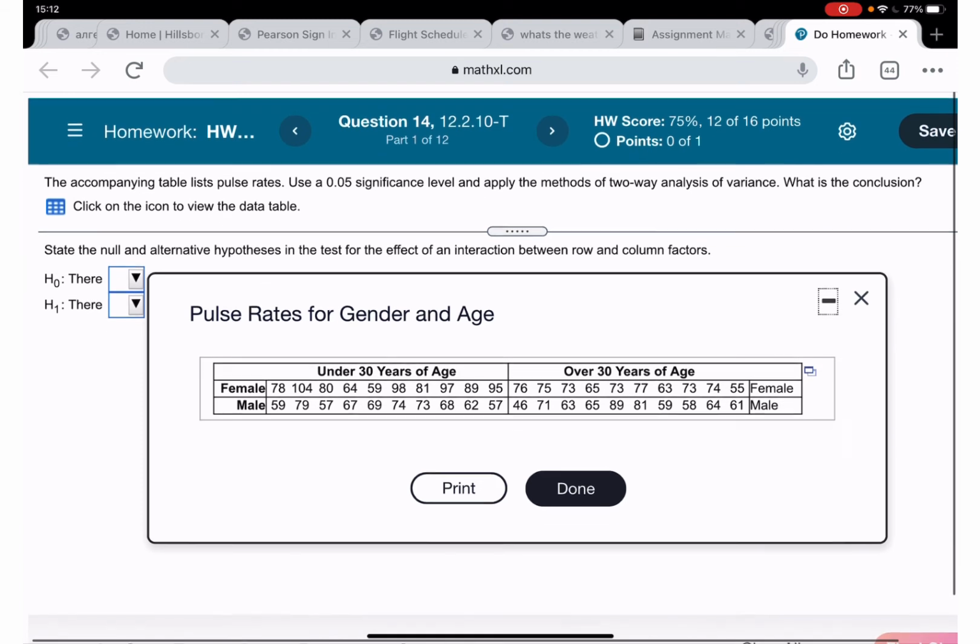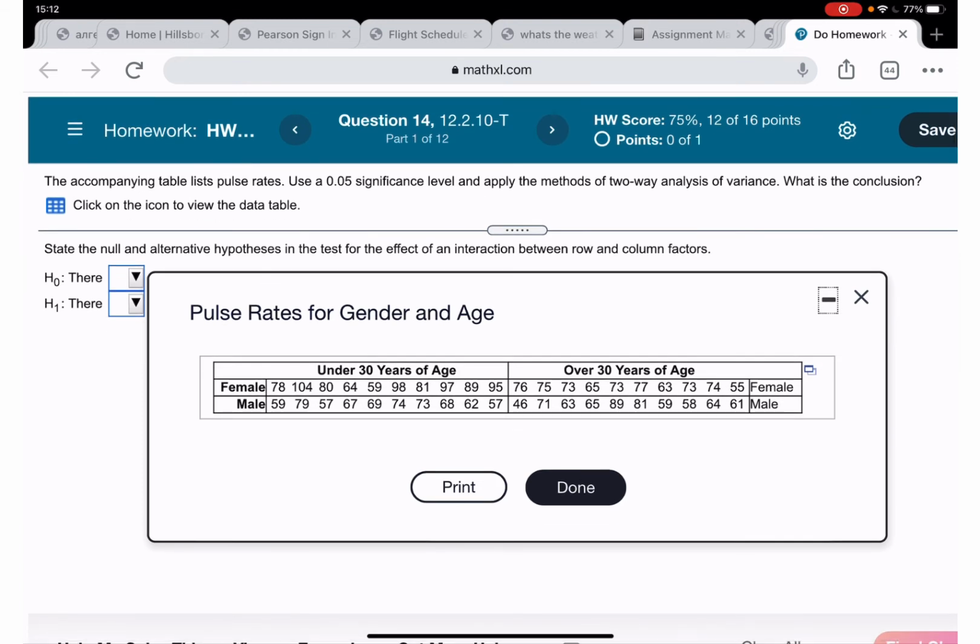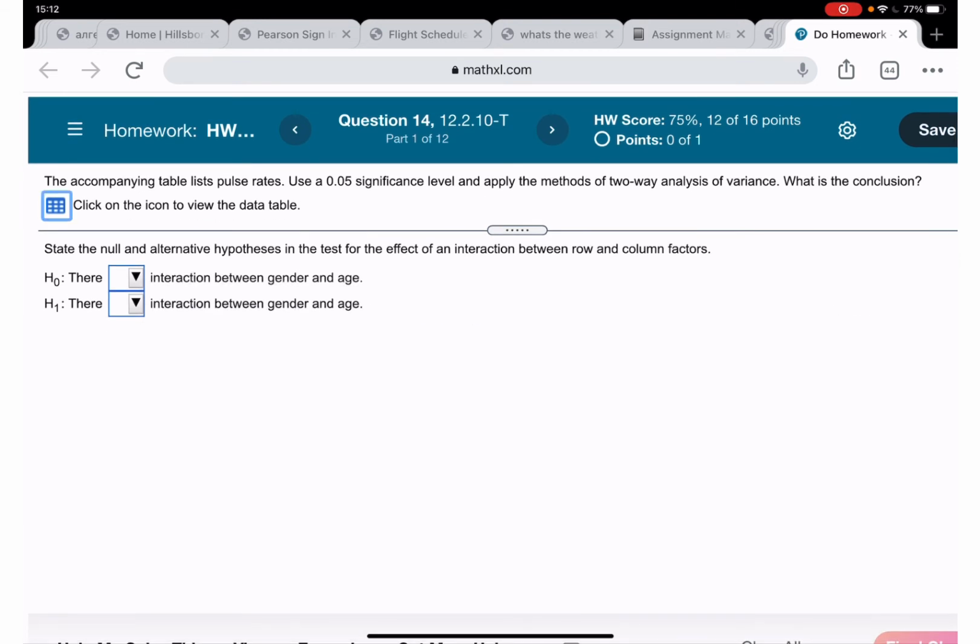First of all, in the case of two-way ANOVA, for our null hypothesis, there is always going to be no interaction between gender and age, and the alternative is that there is interaction between gender and age. So next one, let's check this.